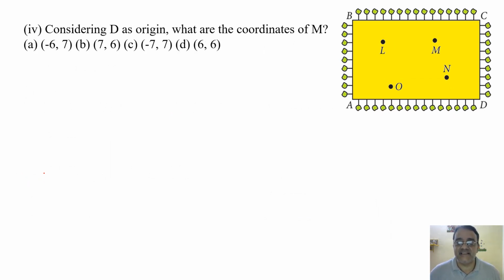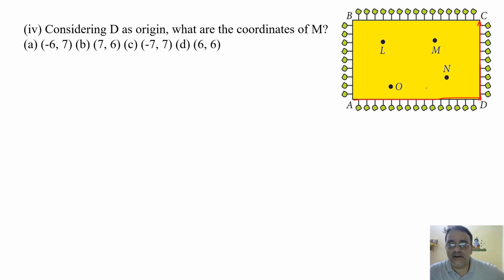Considering D as origin, what are the coordinates of M? अगर D को हम लोग origin कर दें, ठीक है, without disturbing any, so this will be on the negative side. ये negative side में आ जाएगा और ये negative x axis होगा और ये positive y axis. ये समझ में आ रहा है? Yes.